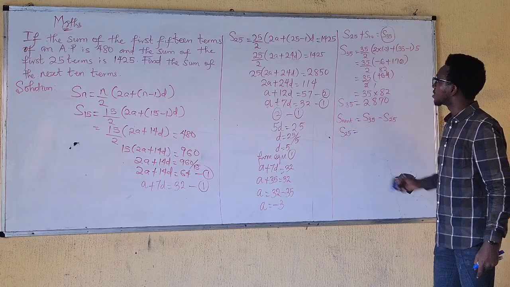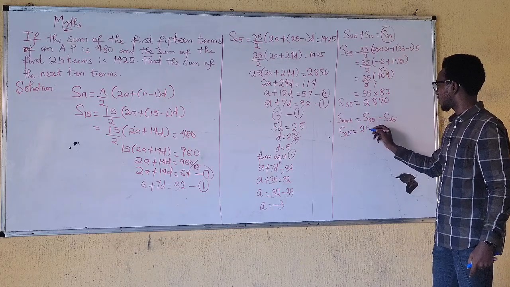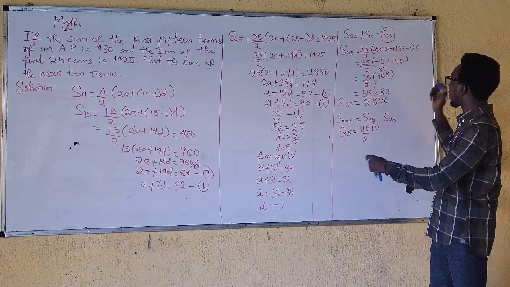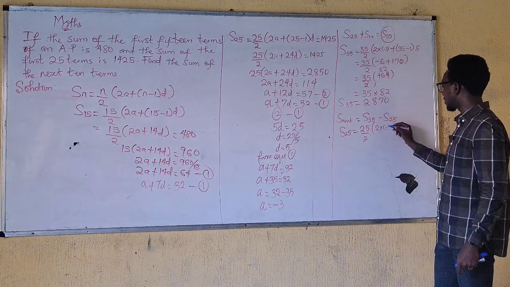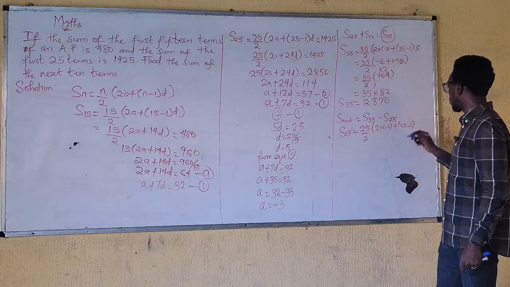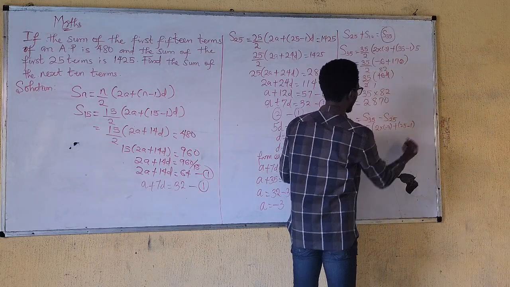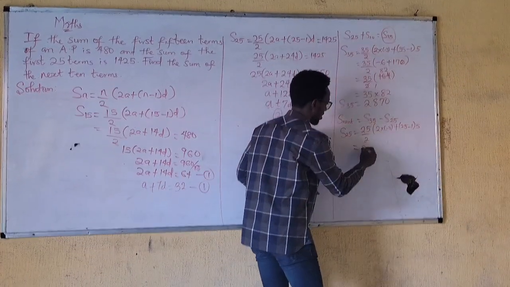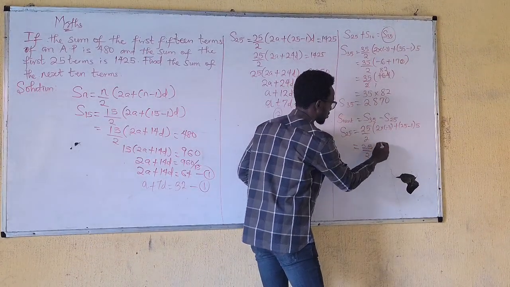S25 as well is going to be equal to 25 over 2 bracket 2 times our a, minus 3, plus 25 minus 1. Our d is 5. So from here, we have 25 over 2.